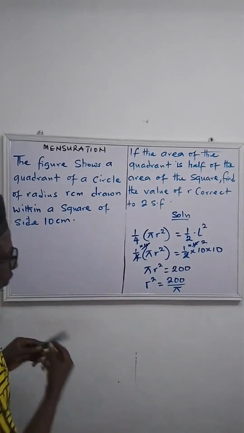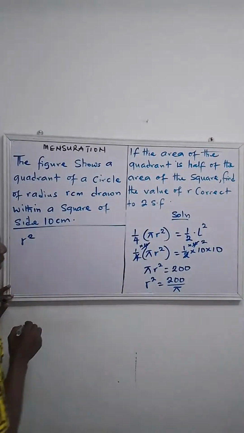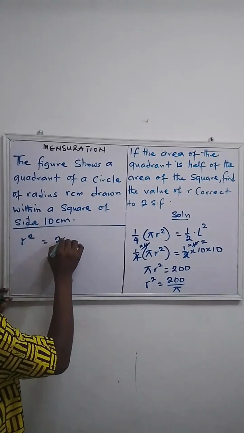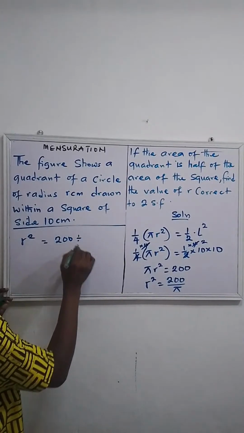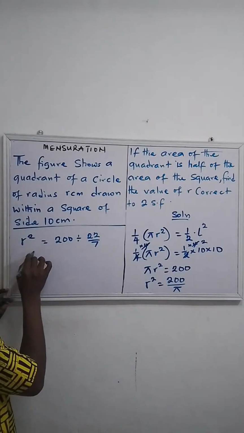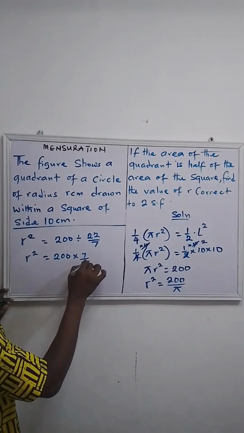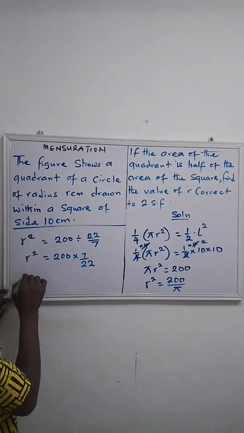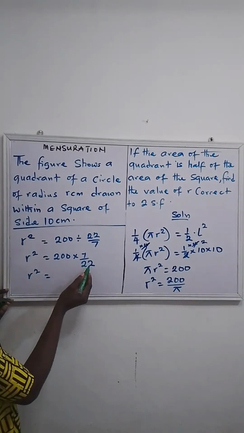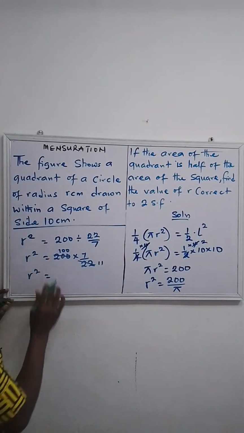Pi is 22/7, so I can write r squared equals 200 divided by 22/7. Okay, and that's the same thing as r squared equals 200 times 7/22. Okay, so we have r squared equals, now before we multiply, let's reduce this. Now 2 goes here is 11, 2 goes here is 100.